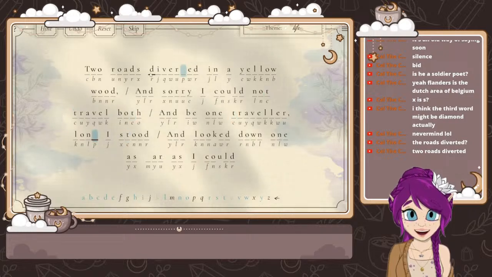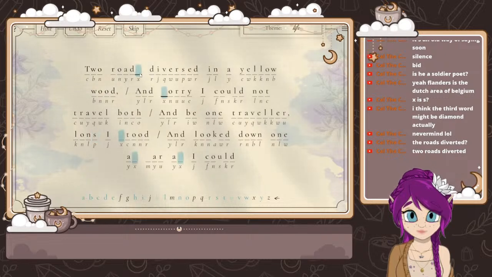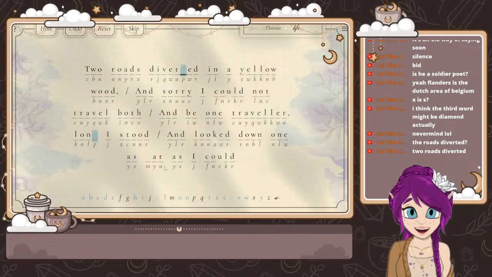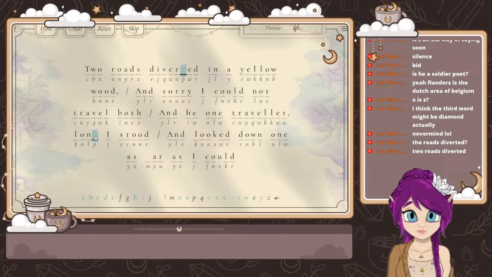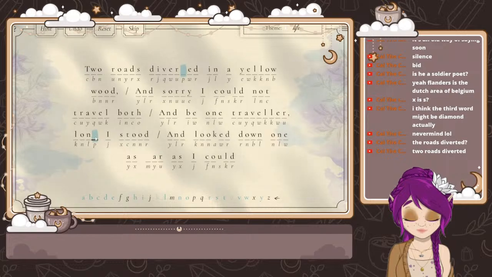No, it's not diverse. No. Two roads in a yellow wood, and sorry I could not travel both. And be one traveler.